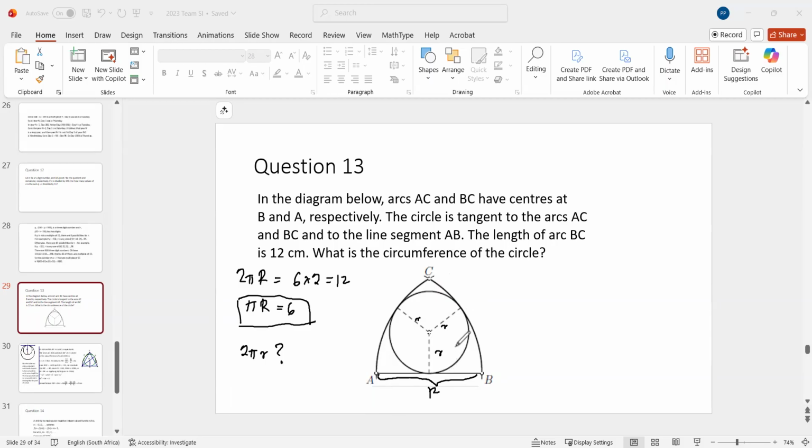Okay, now there is something that we need to know regarding circles which are tangent to other circles, or even to lines. And that is the following.